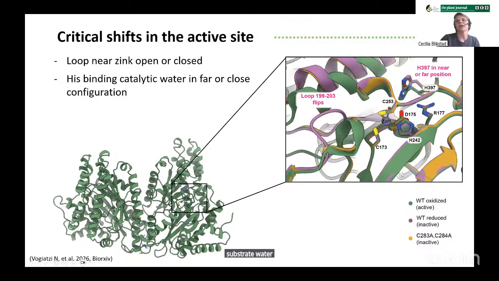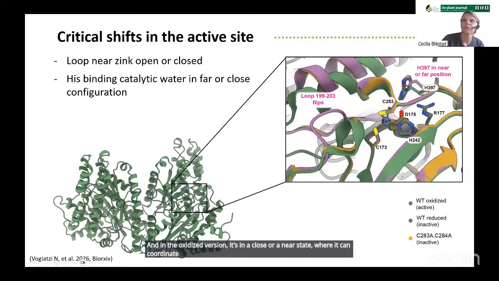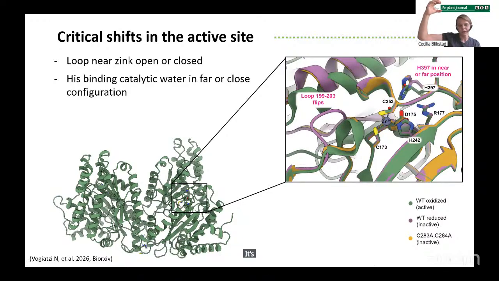In the oxidized version, it's in a near state where it can coordinate this water, which is this red dot up here. And then in the inactive states, it's been moved out and it doesn't coordinate the water anymore, and it can't perform the catalysis.